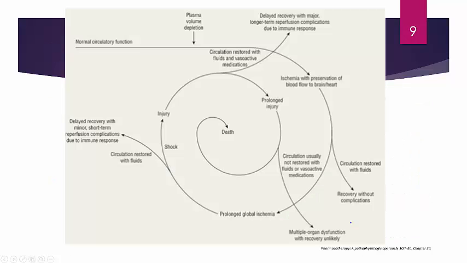So this schematic here gives a little bit about the pathophys that I've been alluding to with hypovolemic shock. So it's a spiral, so you start here with normal circulatory function. Now, after a patient has normal circulatory function, what happens is that there is some kind of plasma or blood volume loss that occurs.